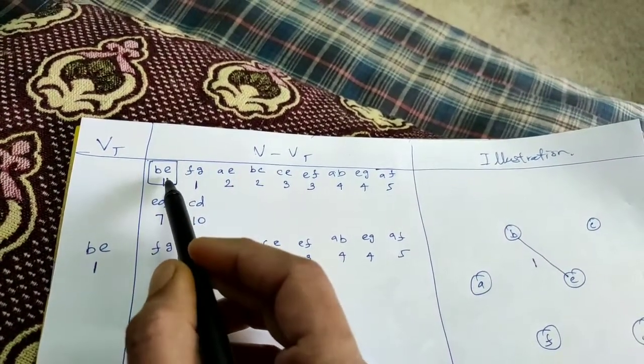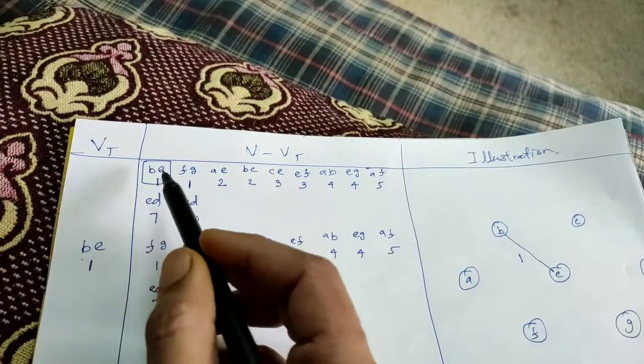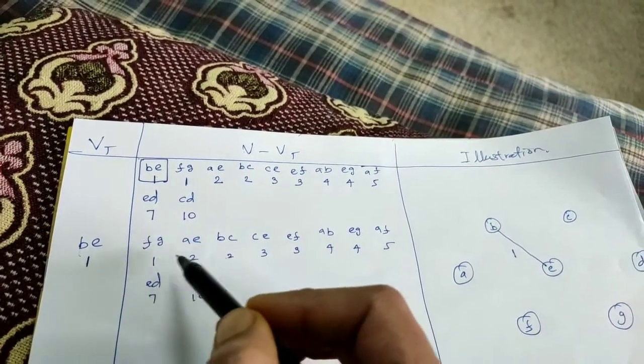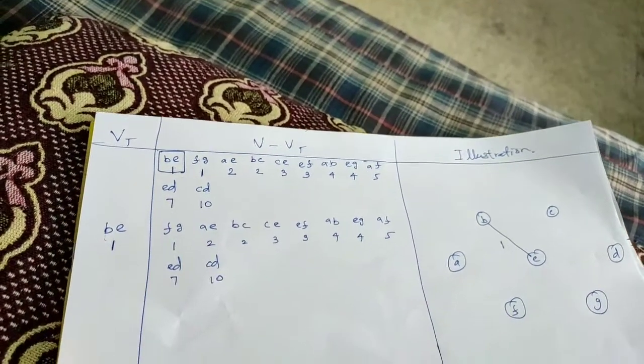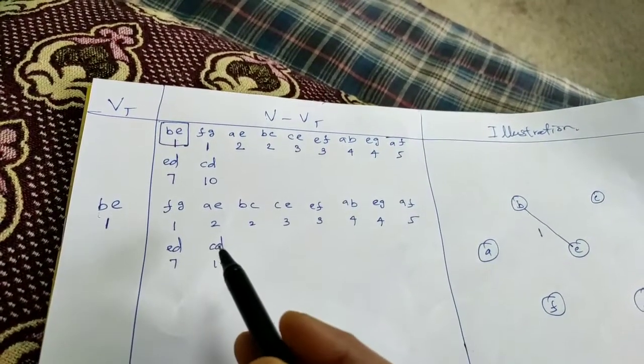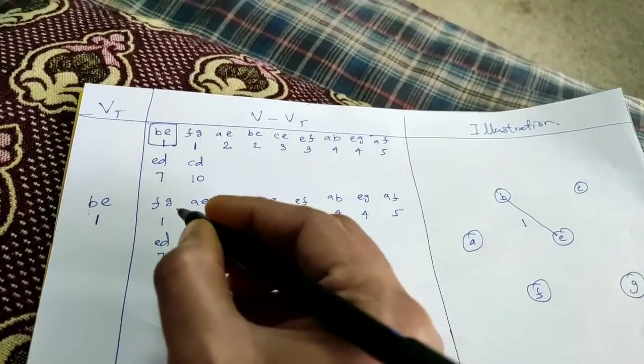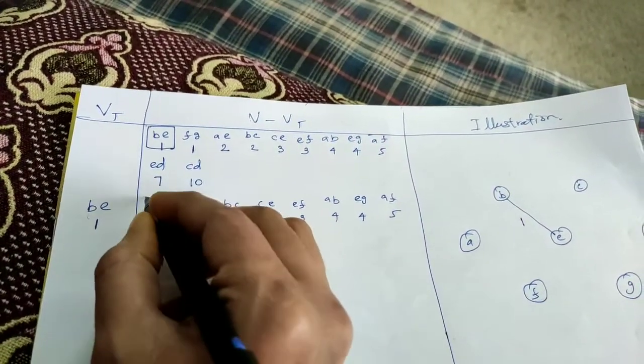So I have just got this edge as a tree vertex. By leaving that particular edge, write down all the remaining ones in the remaining vertices column. I have written it.